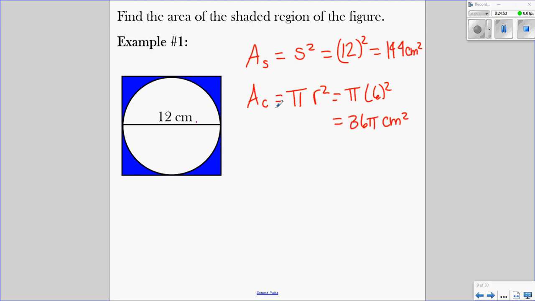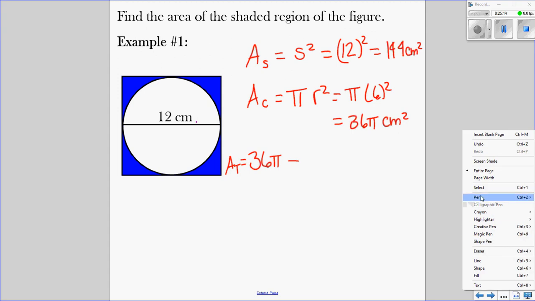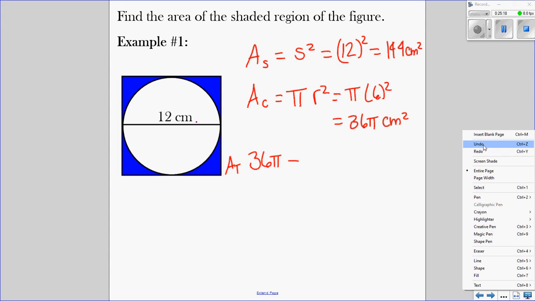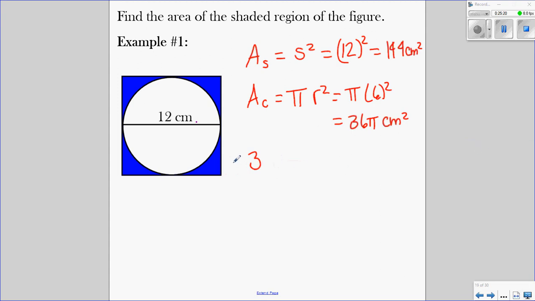Now, we're not adding because we're trying to find the area of the shaded region, which is the blue part. So we're going to grab the bigger and then subtract. Actually, you know what? I'm going to put it as, let me get this out.